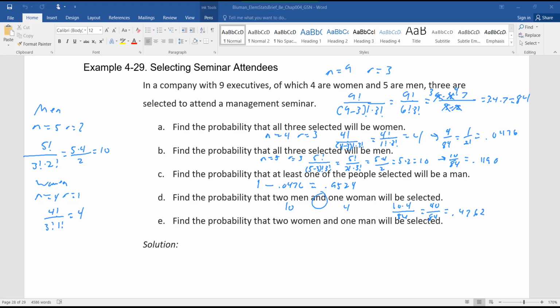No, you only have 84 chances still or options. Oh, sorry, I thought I took a step back. So I did 40 divided.